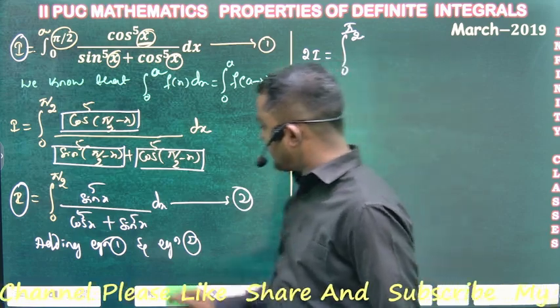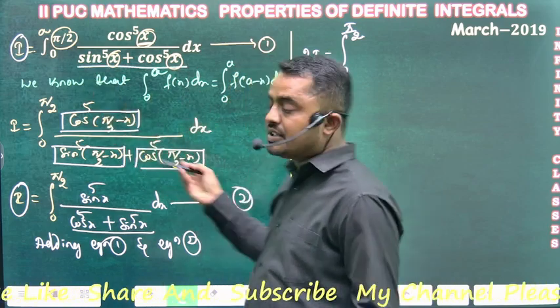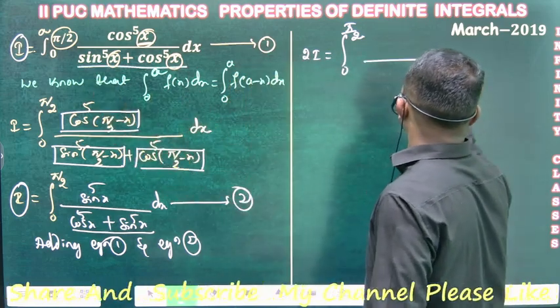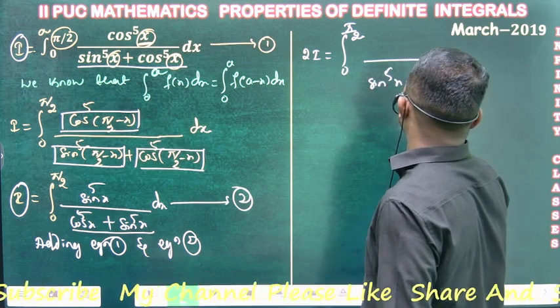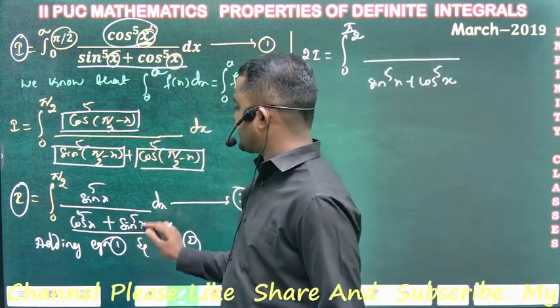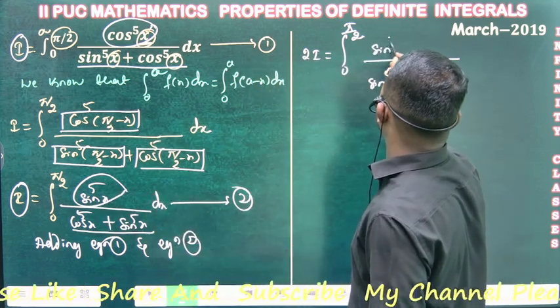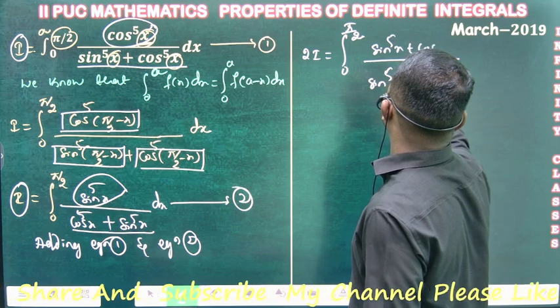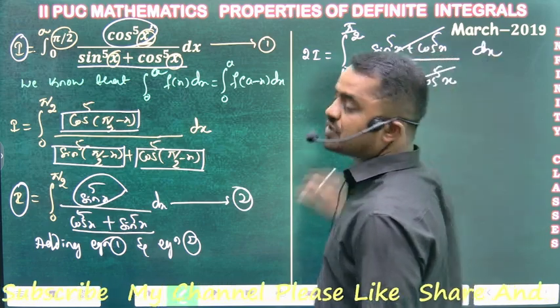See the denominator, cos raised to 5x plus sin raised to 5x, and sin raised to 5x plus cos raised to 5x, both are same. Keep the denominator as it is. Only thing is that we have to add the numerator, that is cos raised to 5x and sin raised to 5x will become sin raised to 5x plus cos raised to 5x. Cancel this one.